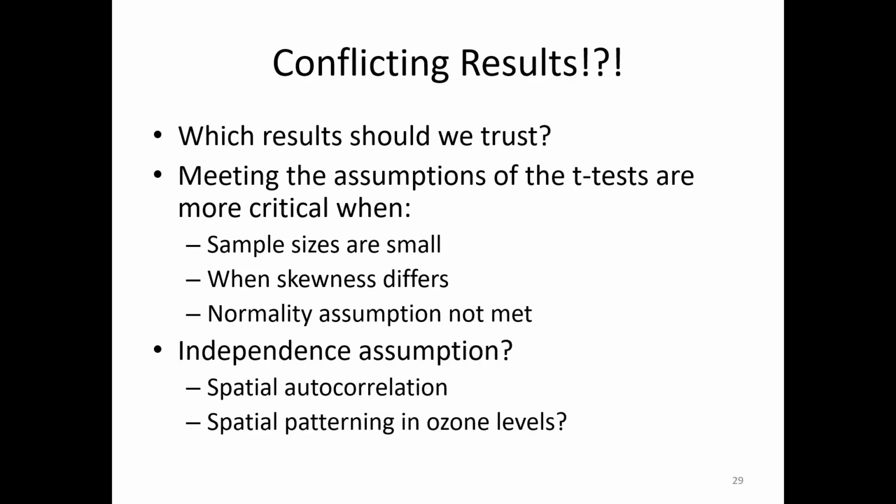However, there may also be spatial autocorrelation, right? So ozone may be higher in, say, Los Angeles or in Phoenix, and if there are multiple stations located next to each other, we really need to question our independence assumption, right? So again, this may not be ideal to run a t-test on this type of data.